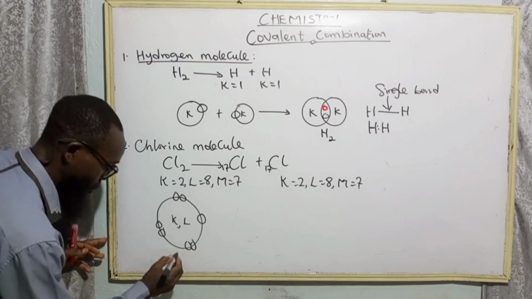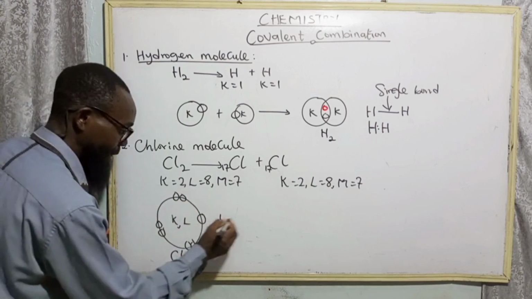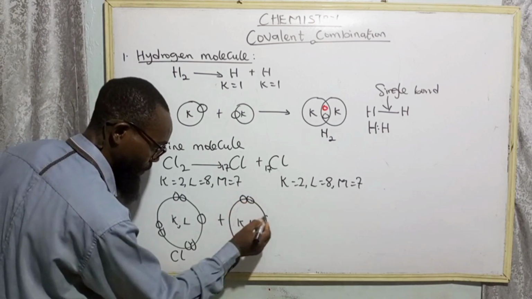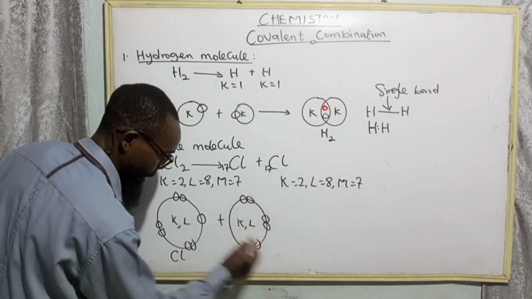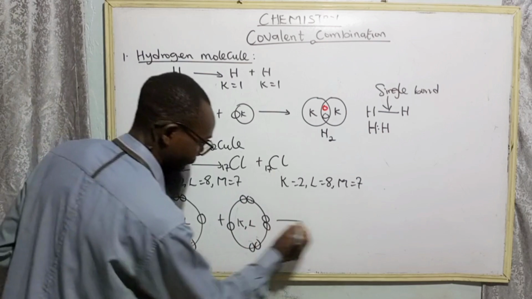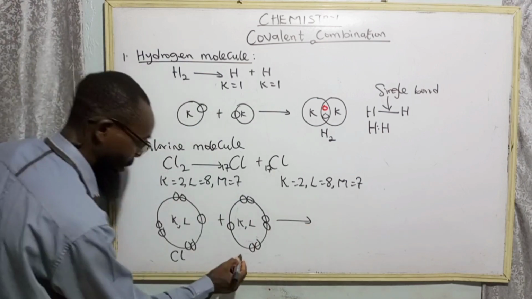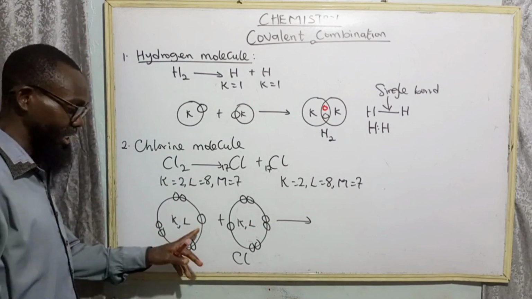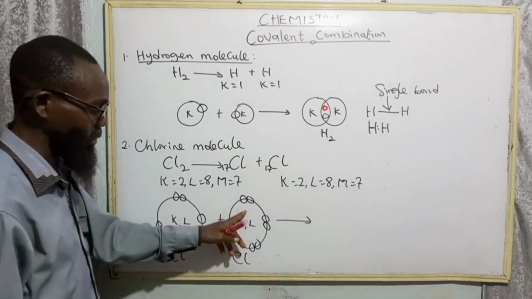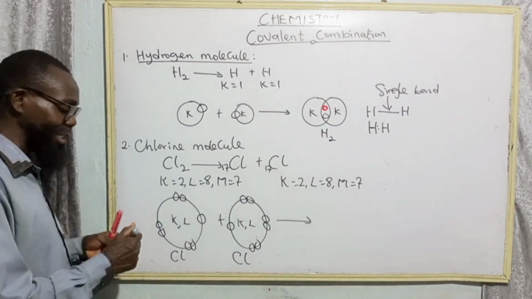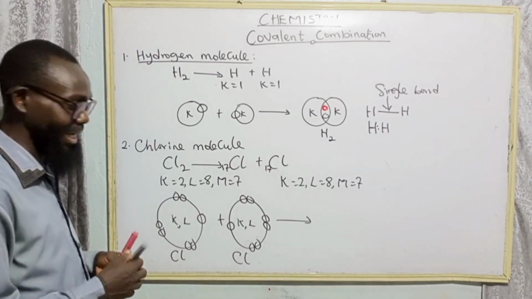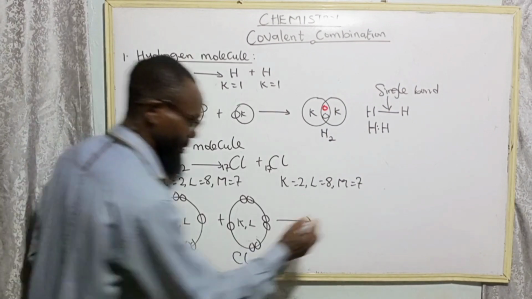So this is the chlorine atom, plus the second, with K shell, L shell, and 2, 4, 6, 7. In order for this first chlorine atom to complete the octet structure, it needs 1 electron, while this one also needs 1 electron, and none of them is ready to donate an electron. In this case, they have to share the electrons. So this leads to this formation.